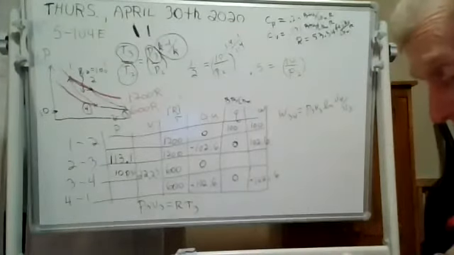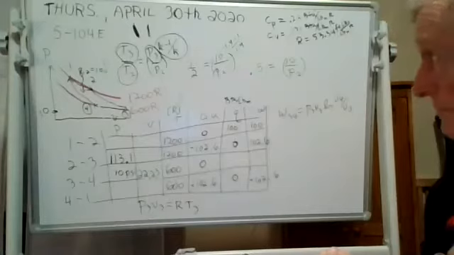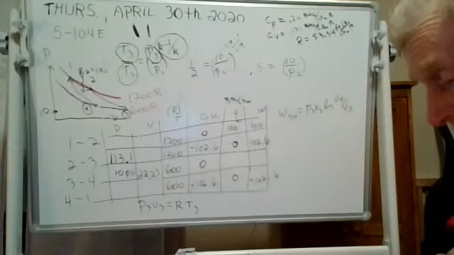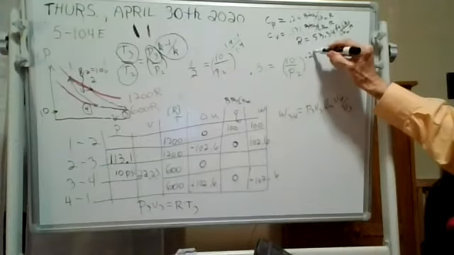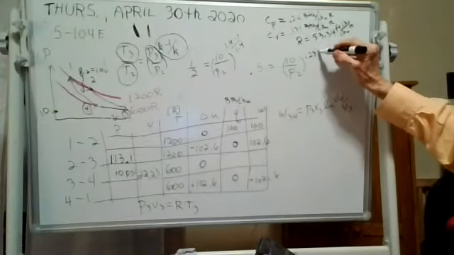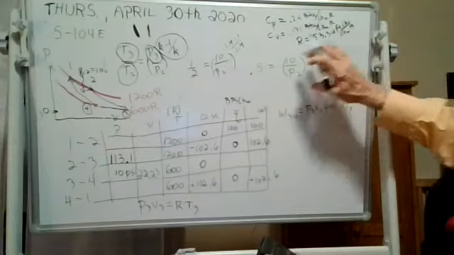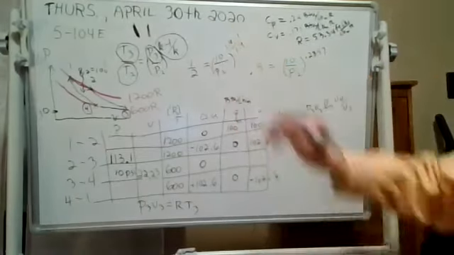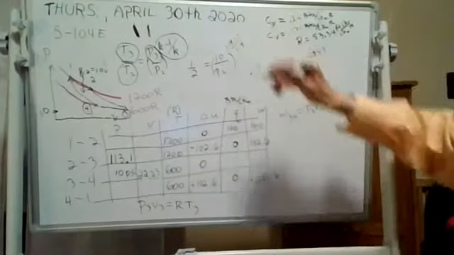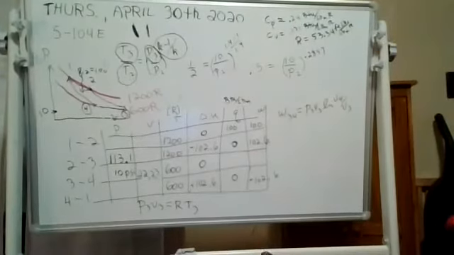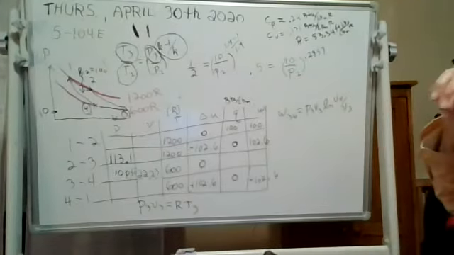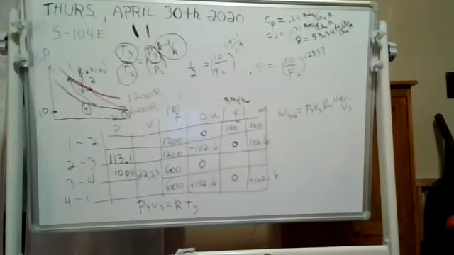When you put all that in your calculator, here's what I get: 0.2857. Then there are several ways to do this.